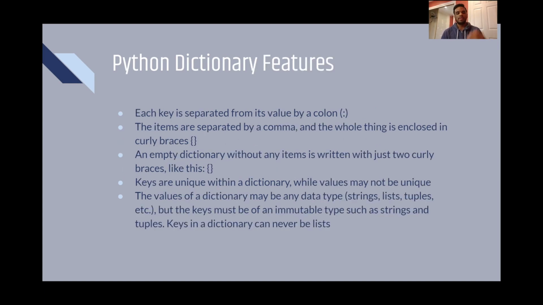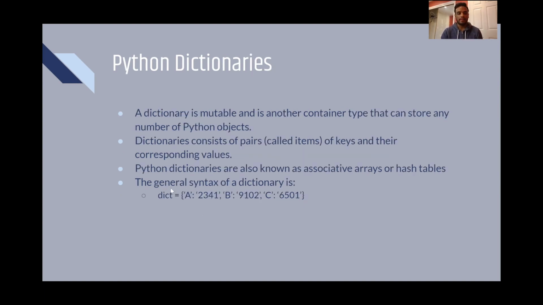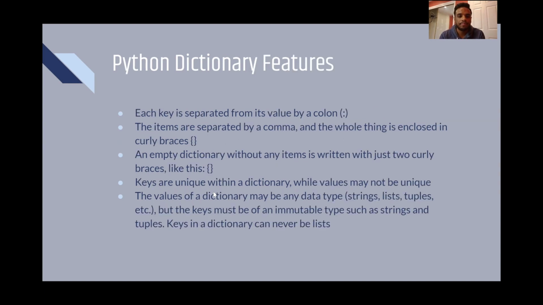And here are some of the features. Each key is separated from its value by a colon. Anything to the left of the colon is known as the key. Anything to the right of the colon is known as the value of that key. The pairs are separated by commas, and the whole thing is enclosed by curly braces.